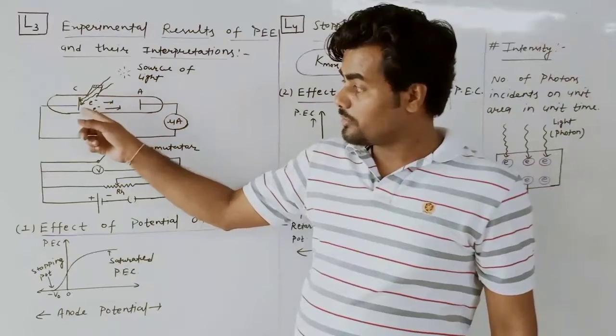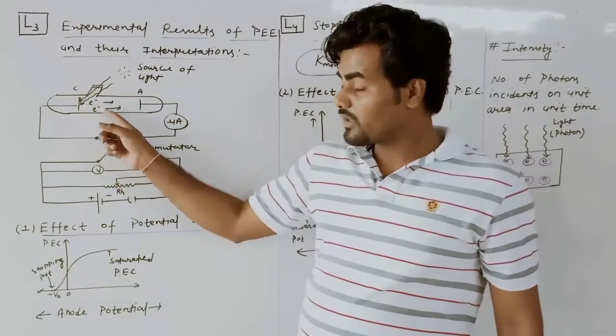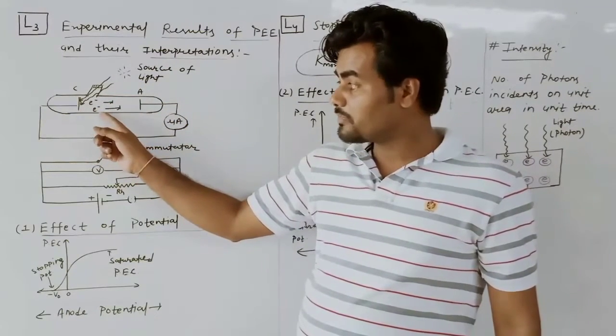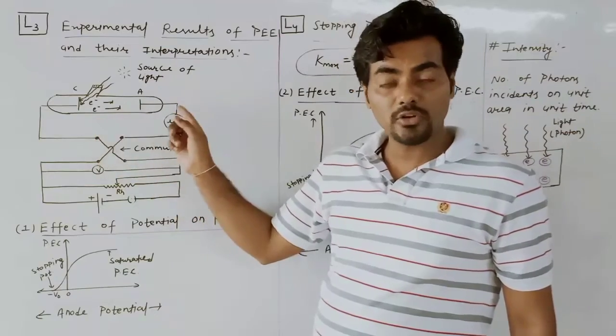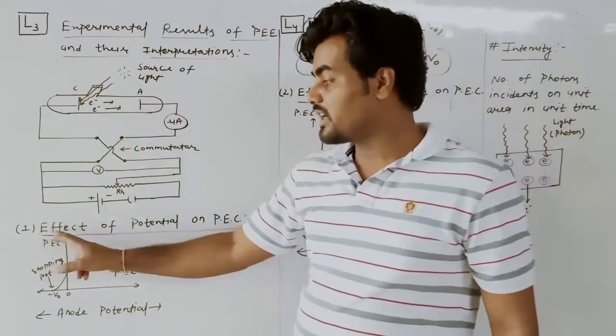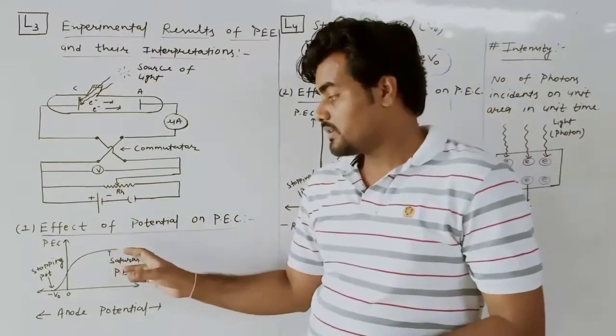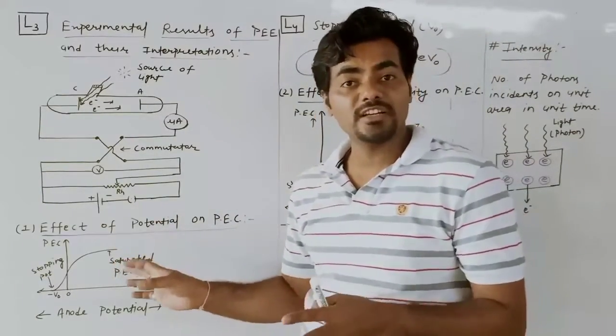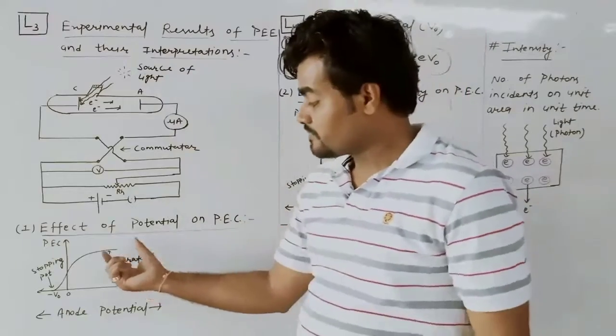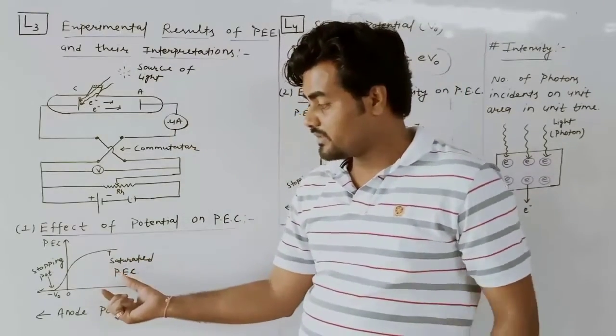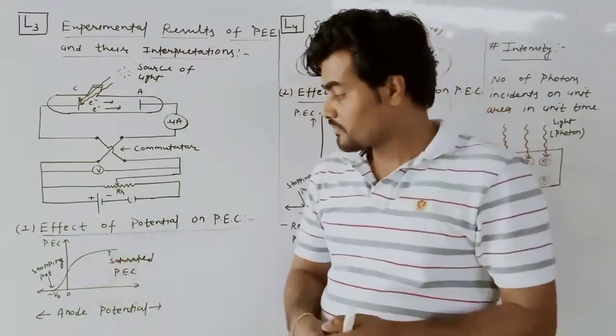On illuminating the metal electrode, photoelectrons are emitted, and the current generated by these electrons is known as photoelectric current. So we will see the effect of potential on photoelectric current, and this we have also studied in our third lecture. But once again I repeat this topic in brief.